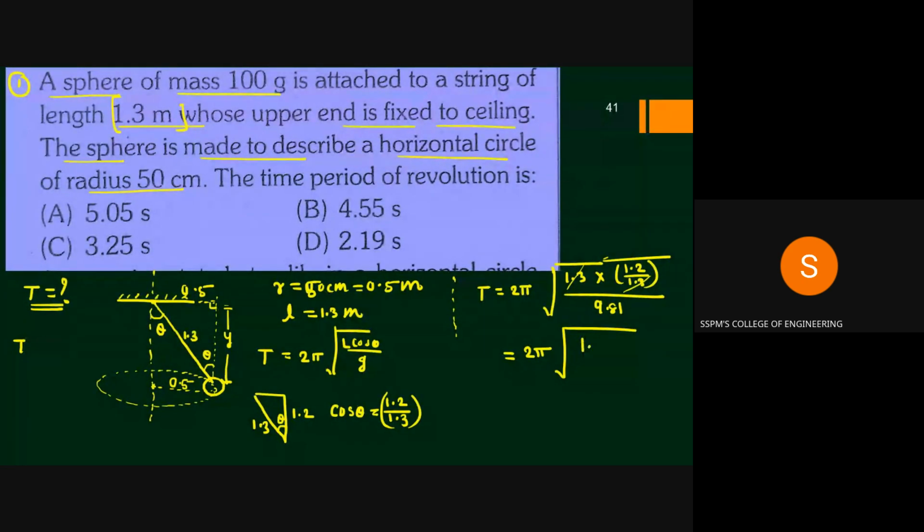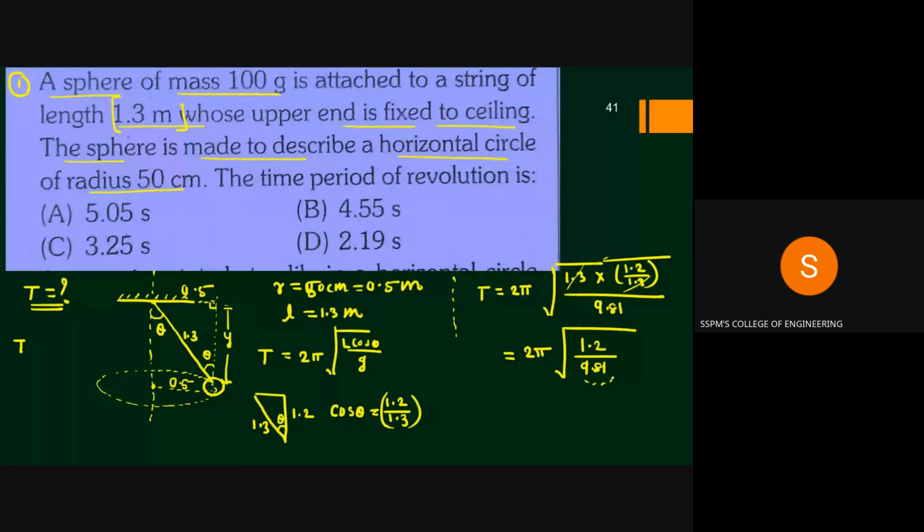So the remaining value is 1.2 divided by 9.81. Now this is quite difficult to solve this division as numerator and denominator both are in decimal places.